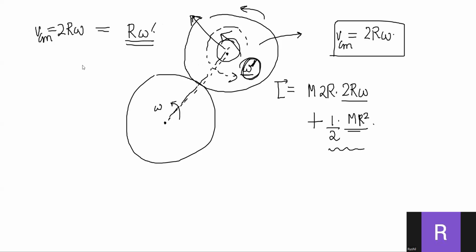This is a fixed body. It is just doing pure rolling on the surface. Omega dash is clearly 2 omega. So ICM omega, this is 2 omega. So we are getting 4 plus 5... 5.